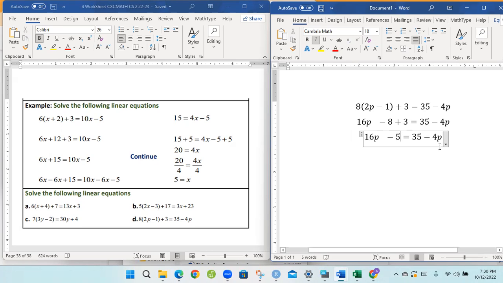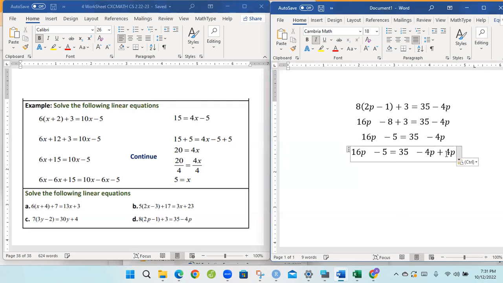Now we look at the p's, not x. We have a big 16p and a negative 4p. Obviously, negative 4p is smaller, so we have to cancel out negative 4p by doing the opposite, which is adding. If you add 4p on the right, we have to add 4p on the left.